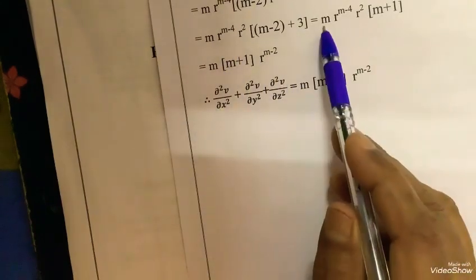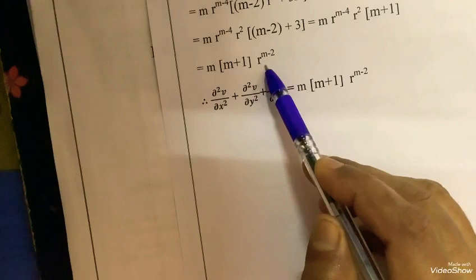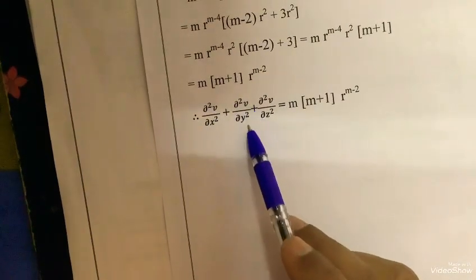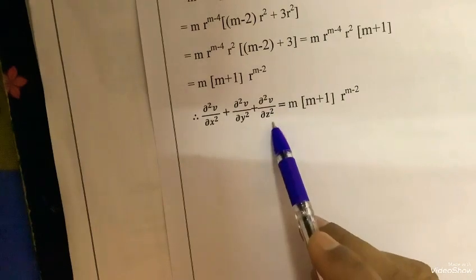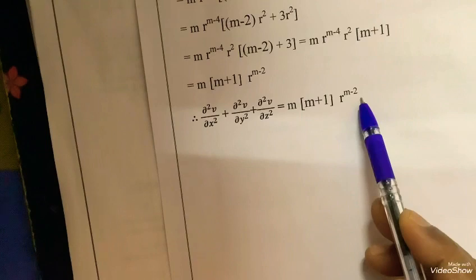So this is m(m+1) r^(m-2). Therefore, ∂²V/∂x² + ∂²V/∂y² + ∂²V/∂z² is m(m+1) r^(m-2).